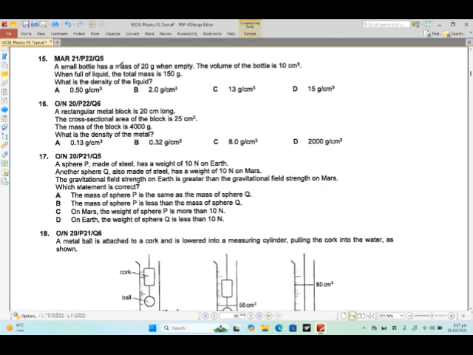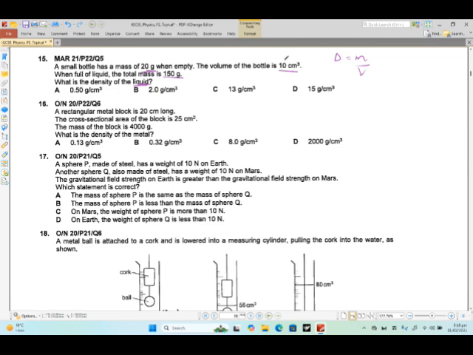A small bottle has a mass of 20 grams when it is empty. The volume of the bottle is 10 centimeters cube. When full of liquid, the total mass is 150 grams. What is the density of the liquid? To find the density of the liquid, we need mass and volume of the liquid. We already know that the volume of the bottle is 10 centimeter cubes.